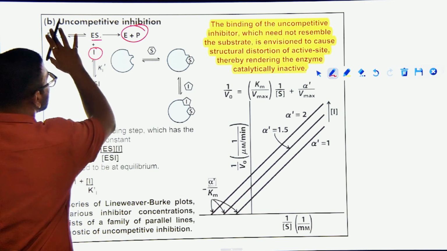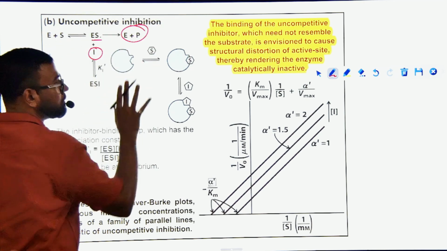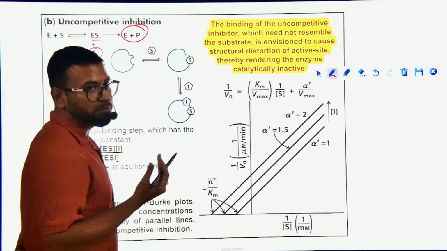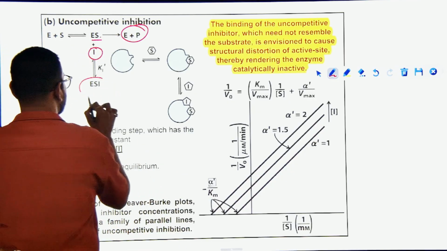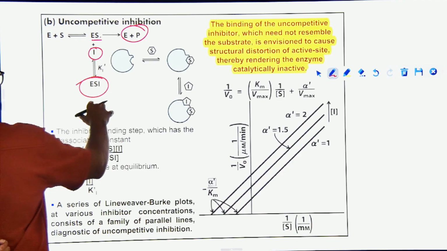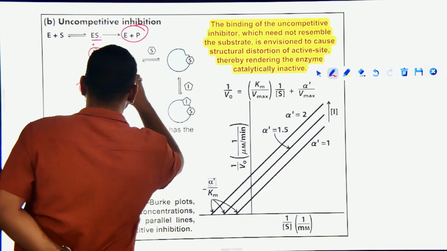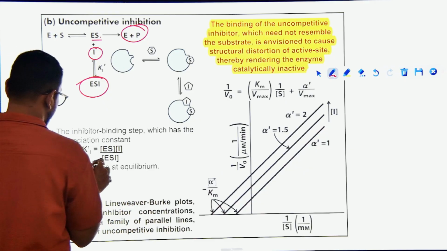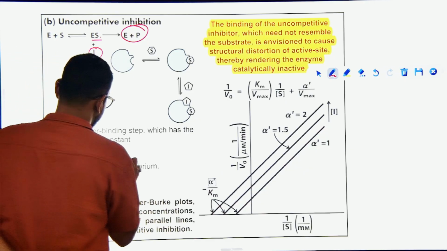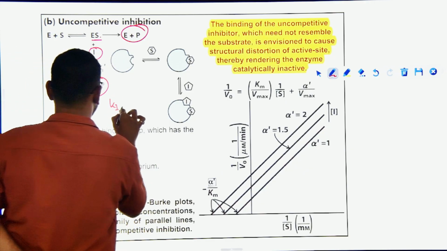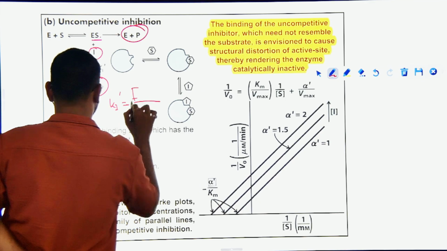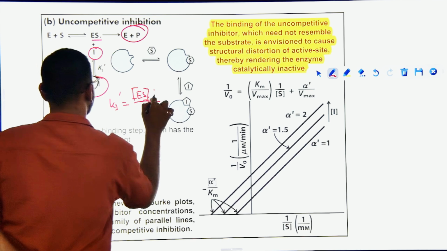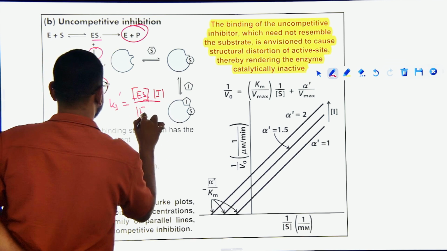That means there lies no probability of any kind of competition. It is not undergoing competition with the enzyme. As a result, ESI is formed. Unlike the previous one, here we have KI dash, which is ES into I divided by ESI.